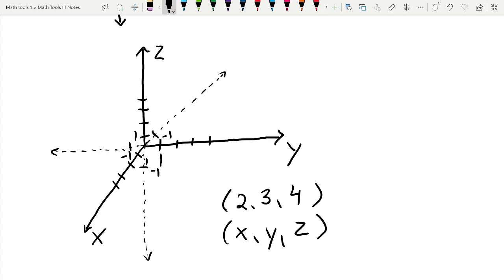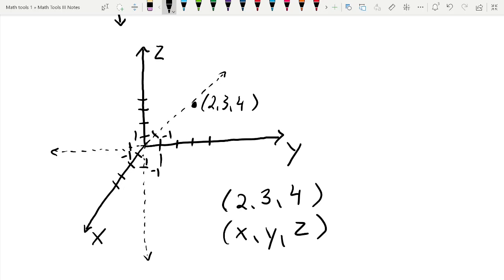Okay, so we'd go to 2 on the x-axis, 3 on the y-axis, and then 4 on the z-axis. And you can see why it's hard to represent this, if not impossible, right? There's really no way to tell where this is on the x-axis. So it's very difficult. So for that reason, if we are hand drawing it, it's a good idea just to label the point. Okay.